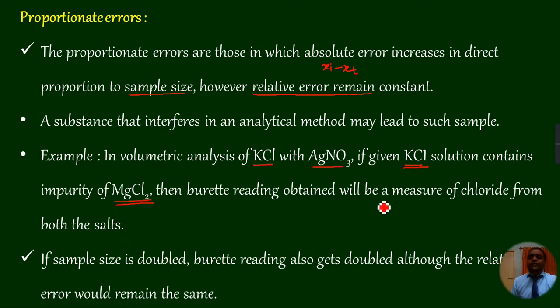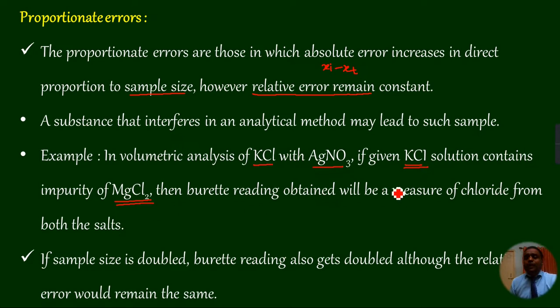The burette reading of 10 will be a measure of chloride from both salts, and that's why if the sample size is doubled, for example if you were taking 5 ml of KCl solution previously and now you are changing it to 10 ml, the chloride ion concentration will increase in the proportion of 5 ml to 10 ml.